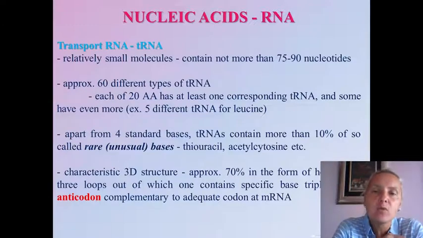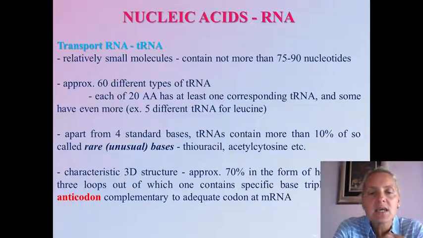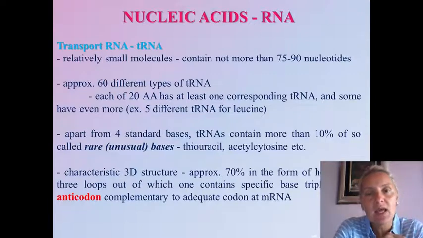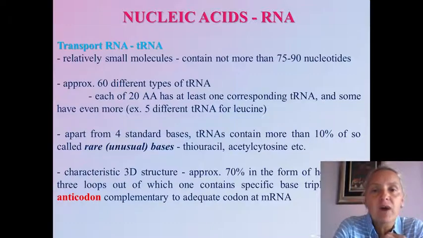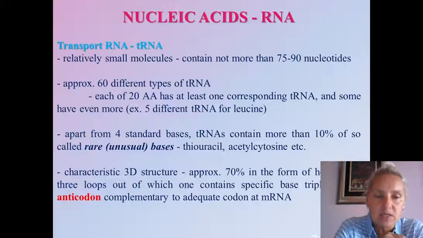And what is the rule? Each of the 20 proteinogenic amino acids is attributed at least one corresponding tRNA, but some amino acids may be attributed more than one tRNA. For example, there are 5 different tRNAs for carrying the amino acid leucine.